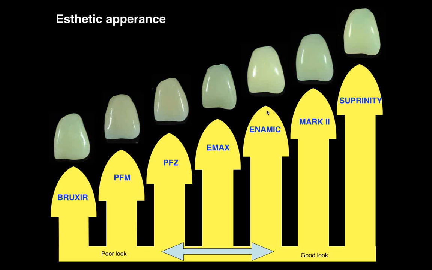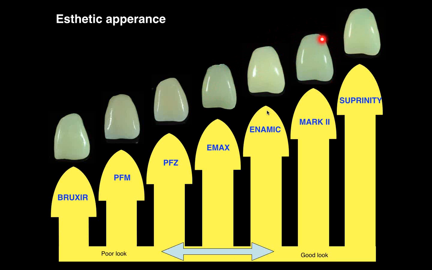If we look at the aesthetic appearance of these materials, what I must say is the nicest looking crown in the patient's mouth I've been finding now is the Suprinity crown. This is comparing it to some of the other things, like Mark II or Inamic. What we have been seeing is some of the lithium disilicates tend to look a little bit grayish in the mouth.